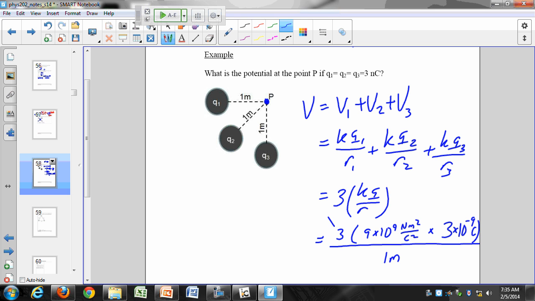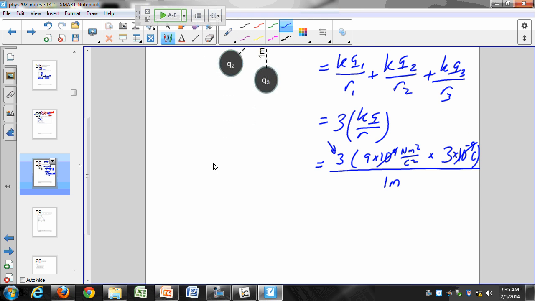Remember, this 3 came about just because there are 3 charges that are all equidistant from the same point. So that gives me, what's that? These cancel. 81 volts.